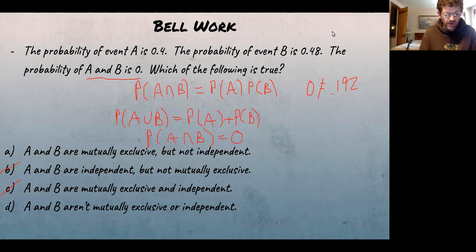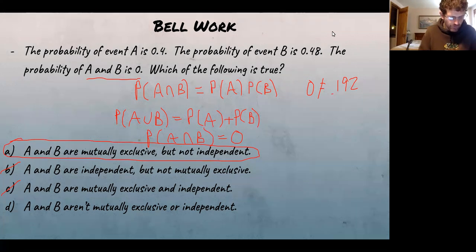And that's what we have here. The probability of A and B is 0. So they are mutually exclusive. The answer here is A. They are mutually exclusive, but not independent.